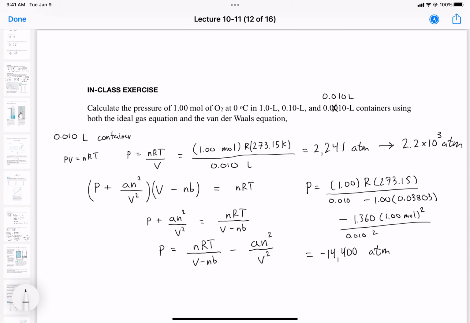So we get negative 1.4 times 10 to the 4th pressure. So this does not work. So calculation fails. So you see here, the ideal gas law is not a good model at very small volumes. Sorry, not very low pressures, very small volumes. So this is where the calculation would fail in this regard.